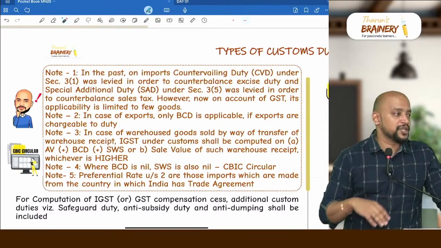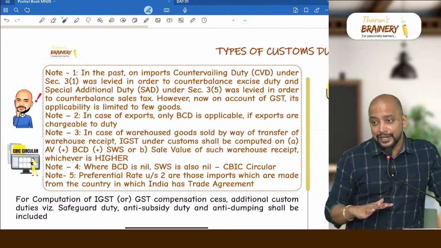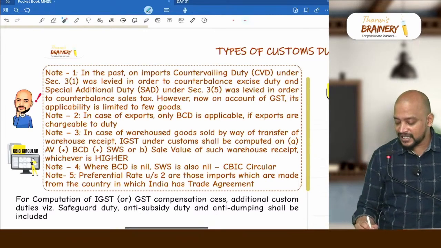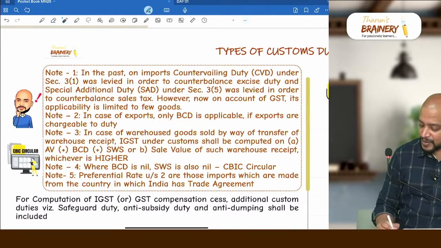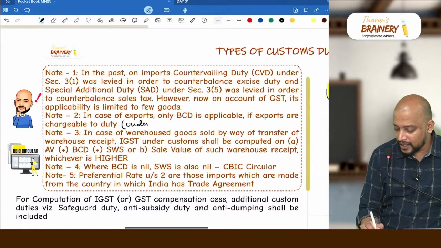You need to go for option 1, means you need to pay IGST, and that IGST paid you should get as a refund. Okay, so that's what here. In case of export, only basic customs duty is applicable. If exports are chargeable to duty, then under GST only option 1.